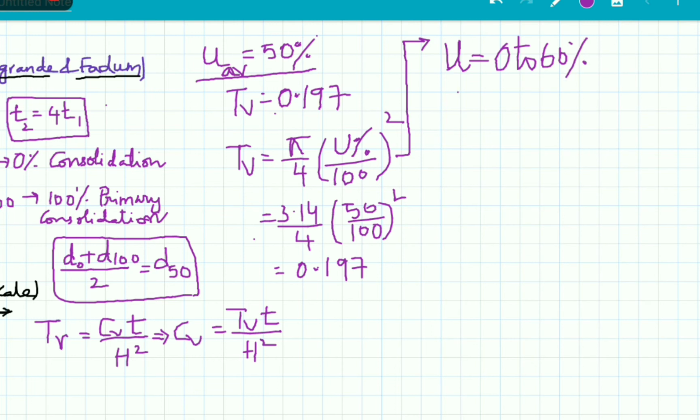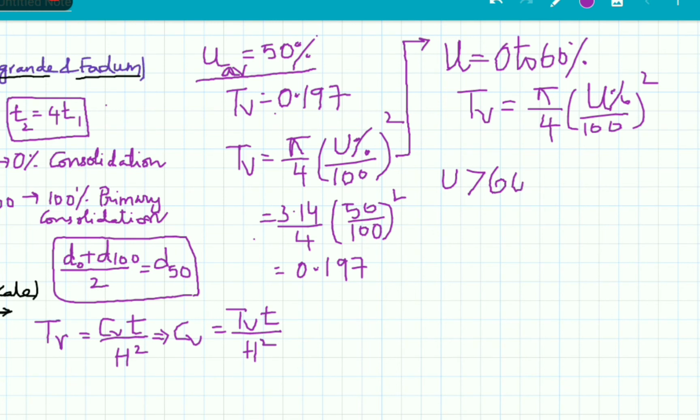For U equal to 0 to 60%, we take time factor as pi by 4 into U percentage divided by 100 whole square.